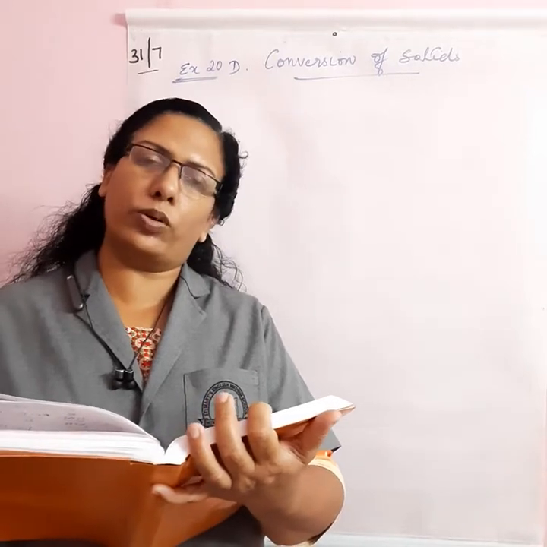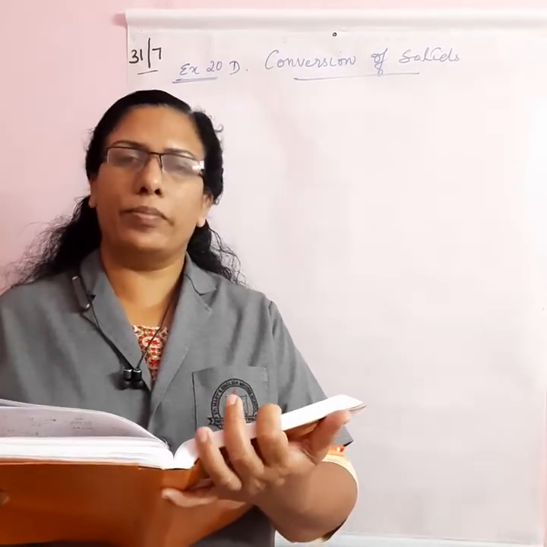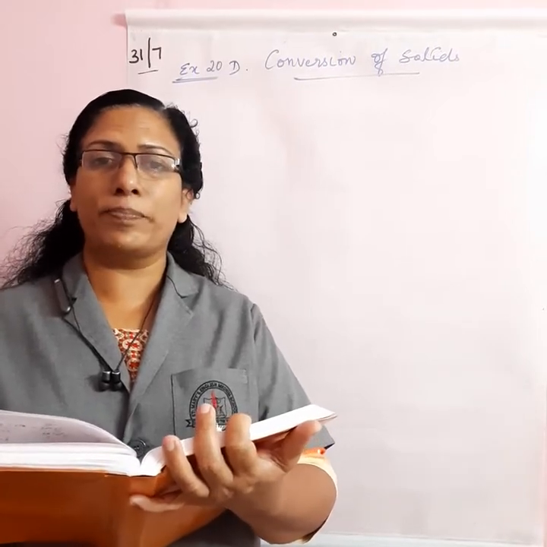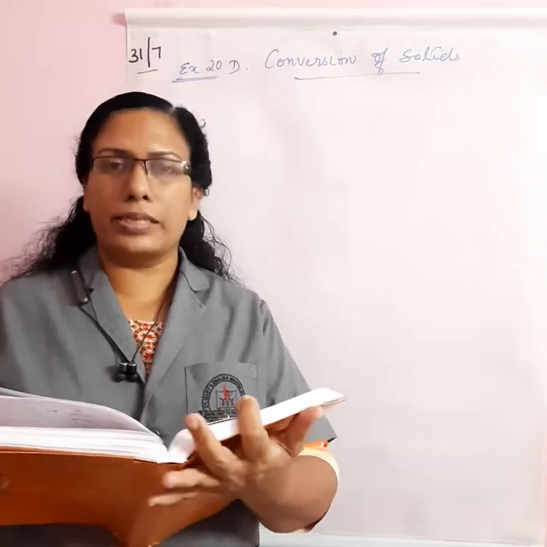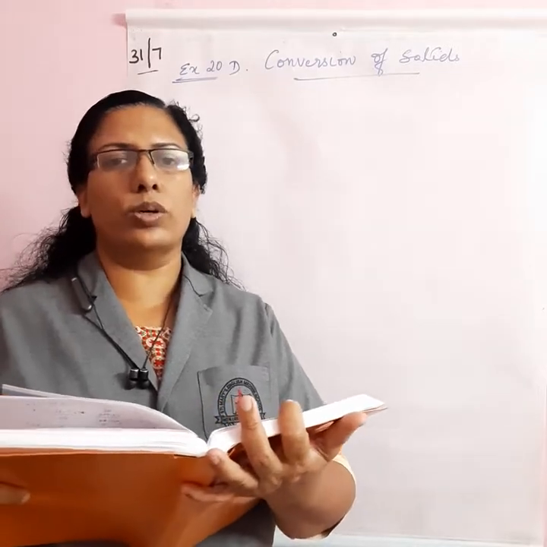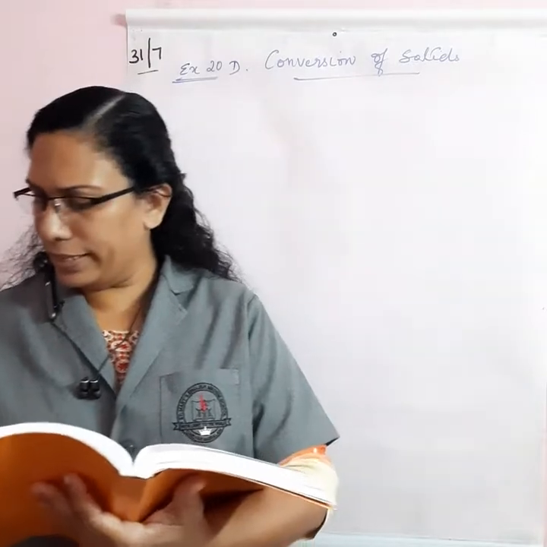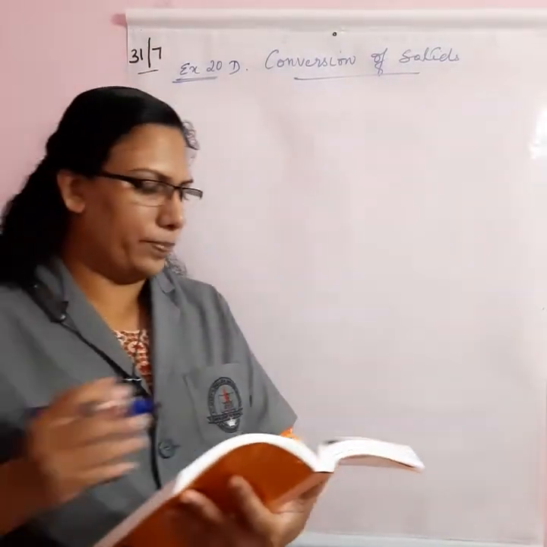So let the number of cones formed after melting be n. So what is the concept used? The volume of the sphere is equal to n into the volume of one such cone recast. So that is the idea used here. So we do the problem.